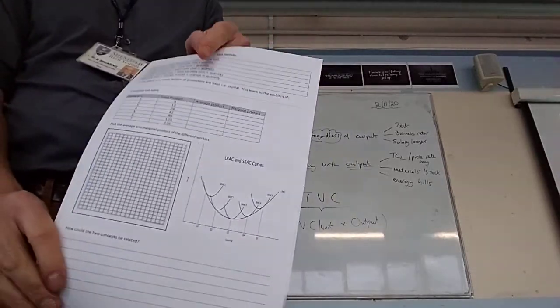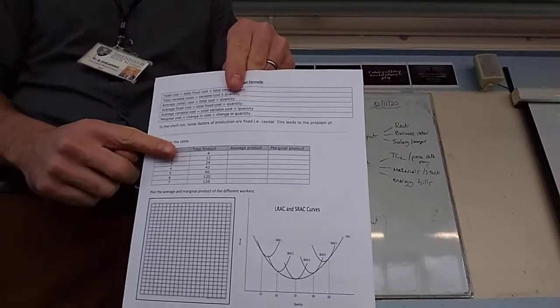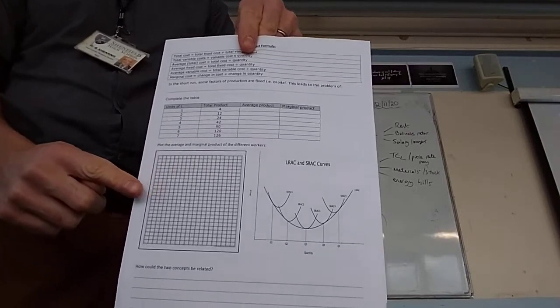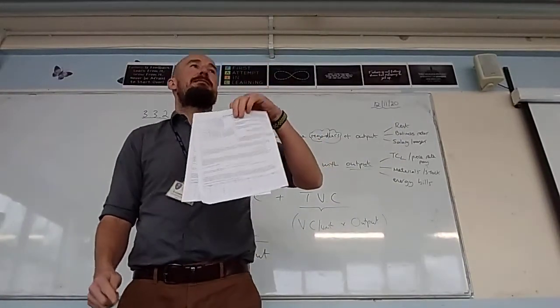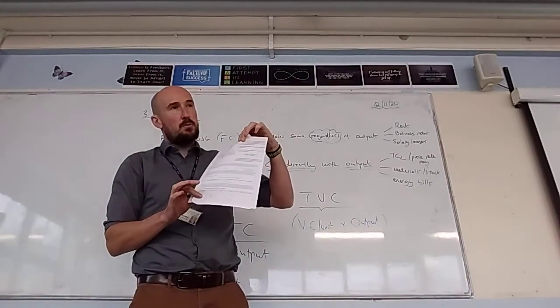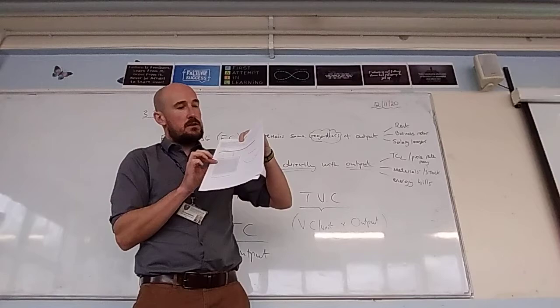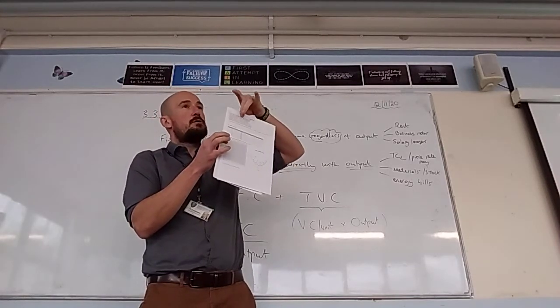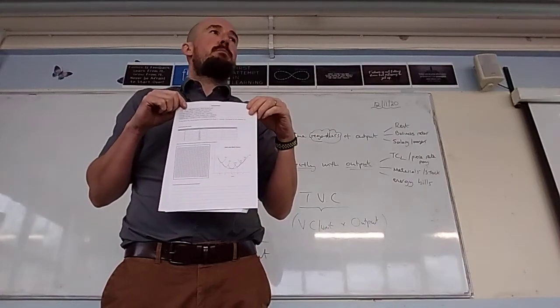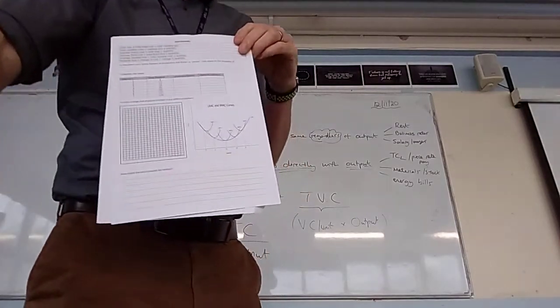Then flip it over, do the table here and put that onto the graph paper. Then see if you can identify a relationship between those 2 graphs. So we're doing the bottom one and then the one over the top. If you get stuck, I've also put the formulas on that sheet to help you as part of that process.